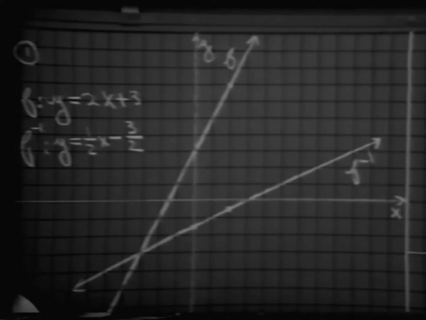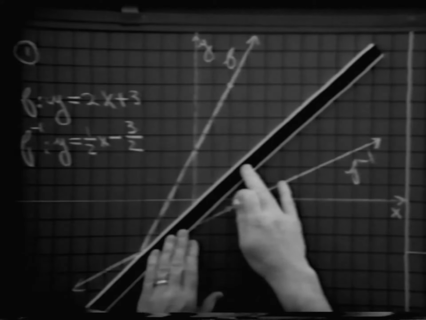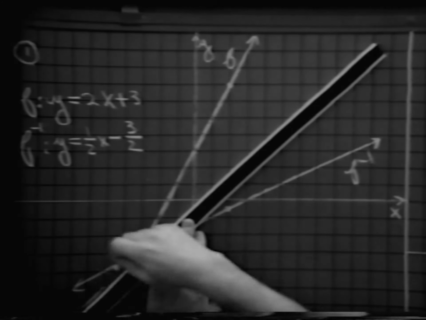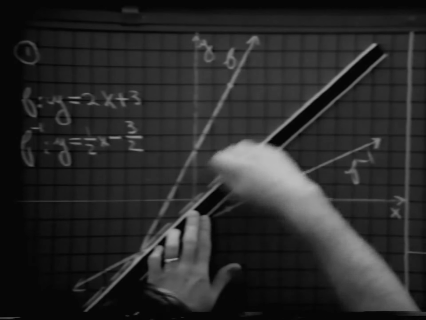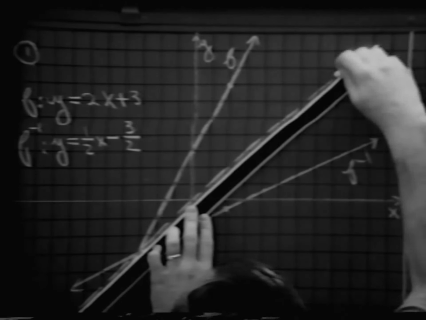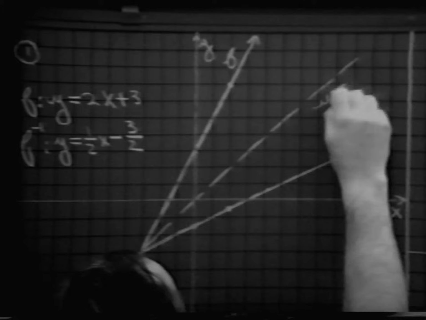Is there some line whose formula you are already familiar with, in which they are symmetrical? Brenda? y is equal to x. So in fact, let's include that line on our graph, which we may, let me write that as a dotted line, and there then is the graph of y is equal to x.